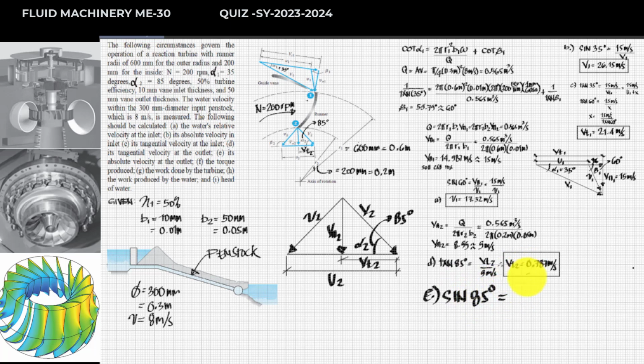My opposite will be the normal velocity, which is 9 meter per second, all over the absolute velocity B2. So we're looking for your B2. Okay, pressing your calculator, my B2 now is equal to 9.03 meter per second.